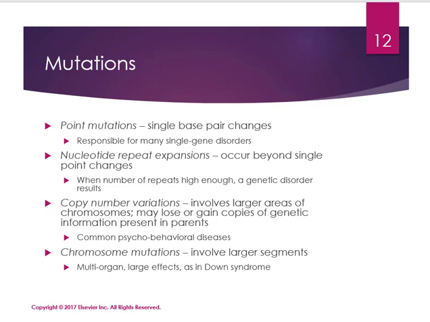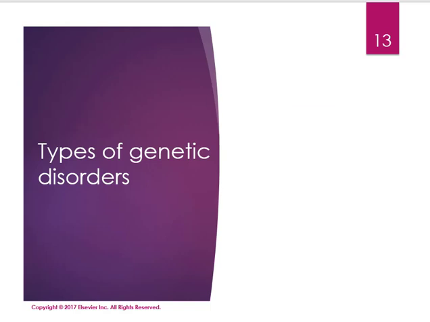And then chromosome mutations, these are seen in larger segments of the chromosome that are deleted, duplicated, rearranged, or translocated. These mutations usually result in multi-organ large effects, such as Down syndrome, in which the individual can have neurological issues, eye, ear, orthopedic, cardiac, and other abnormalities.